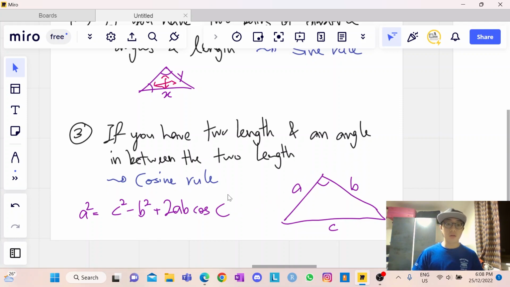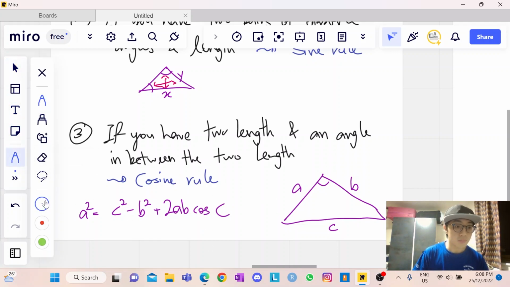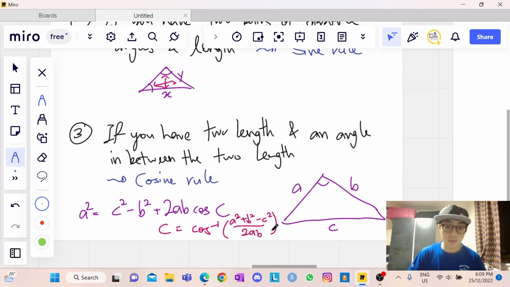If you're going to look for the angle, then you can move everything to the left hand side or the right hand side, and make C the subject. Let's say C is equal to inverse cos of a squared plus b squared minus c squared, the whole thing over 2ab.